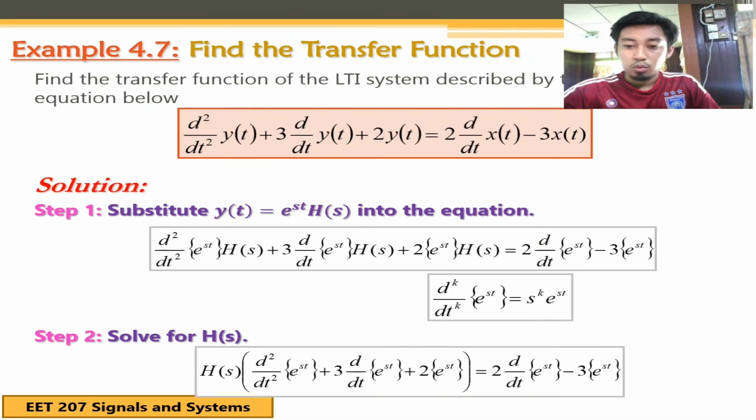Now we look at example 4.7, which is to find the transfer function of the LTI system described by the differential equation below. It is 1 times the second derivative of y(t), plus 3 times the first derivative, plus 2y(t), equal to 2 times the first derivative of x(t) minus 3.